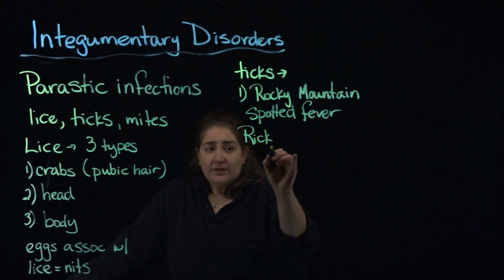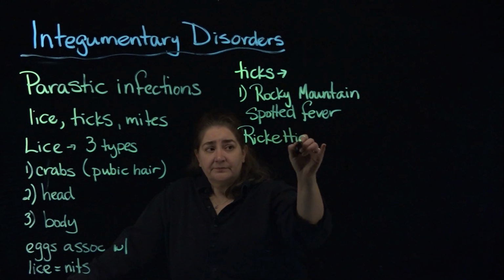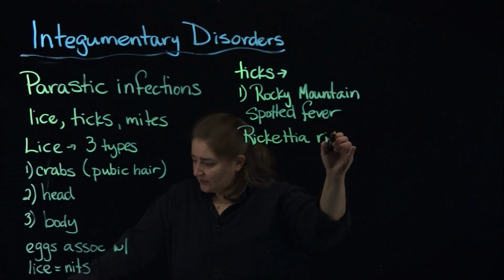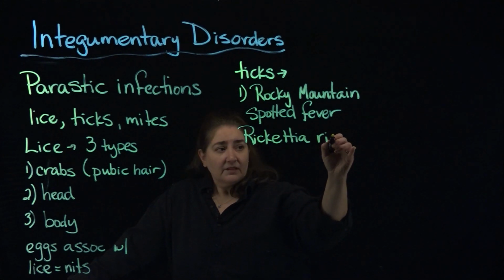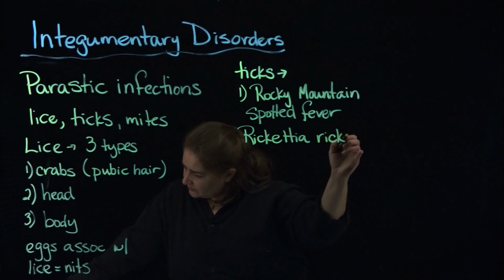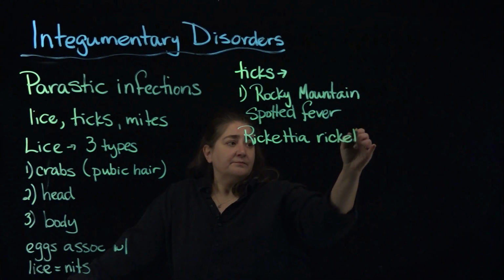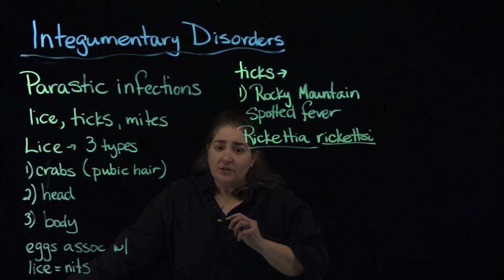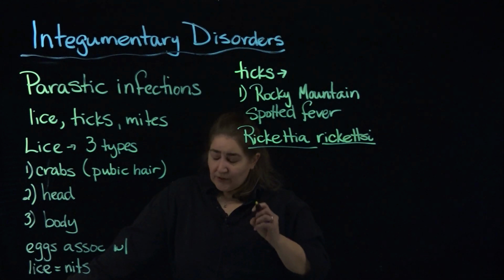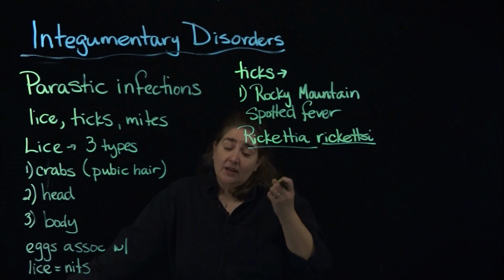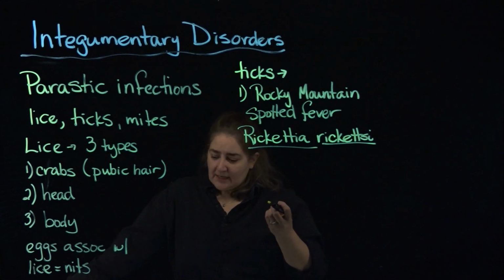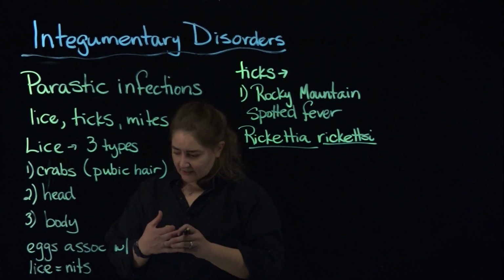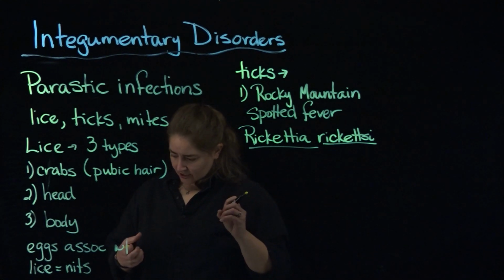Okay, so it's rickettsia, rickettsii, I believe is how you say that. Need to check my spelling on this one. So that's our infectious agent associated with Rocky Mountain spotted fever. This disease presents as, again, muscle aches, headaches, nausea.